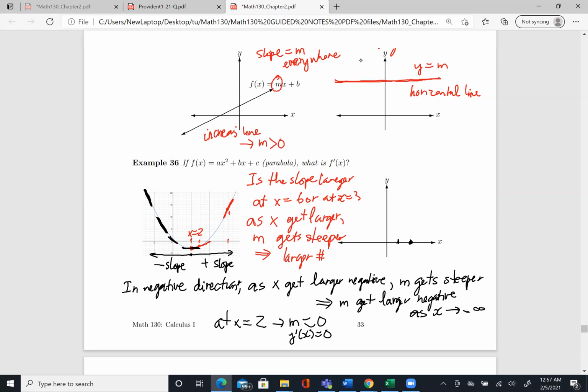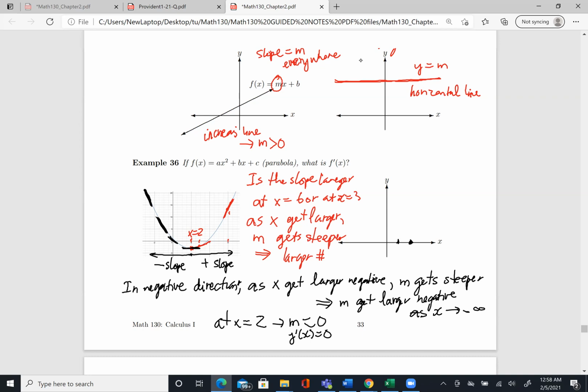And since the more negative x is in f(x), the graph is decreasing, after 2 the graph is decreasing from negative infinity, and m gets larger negative.